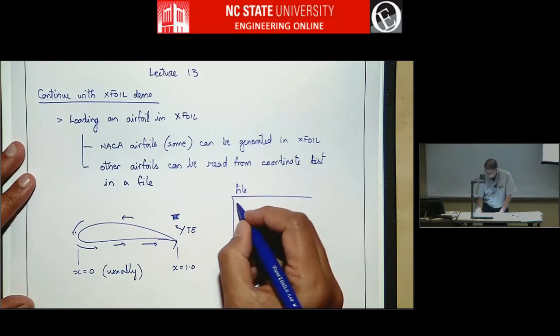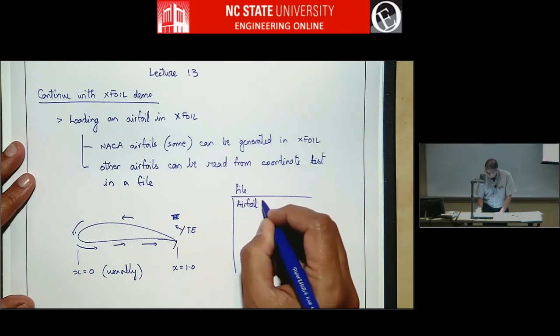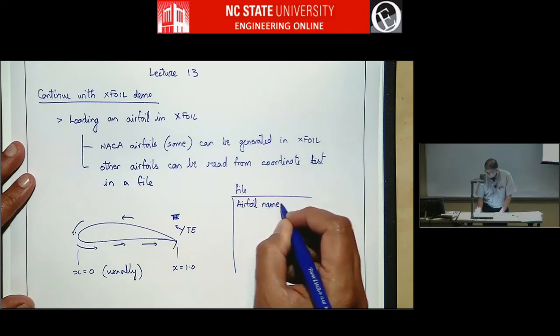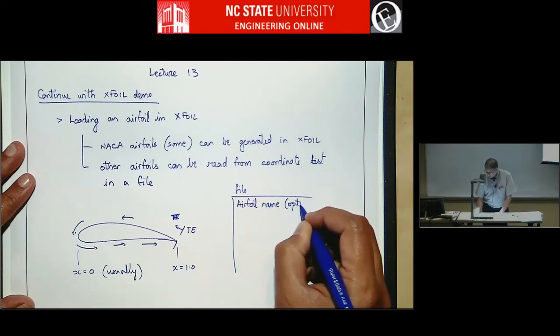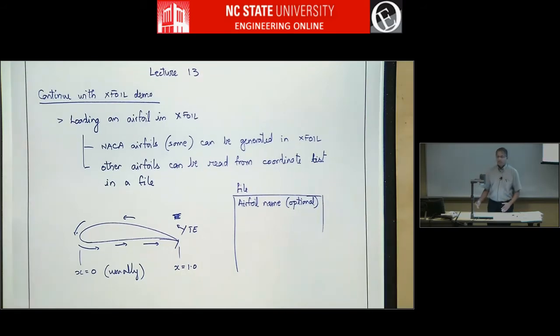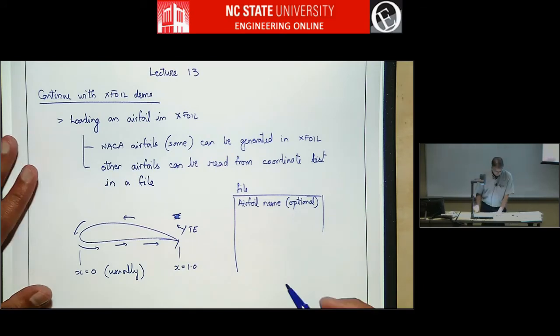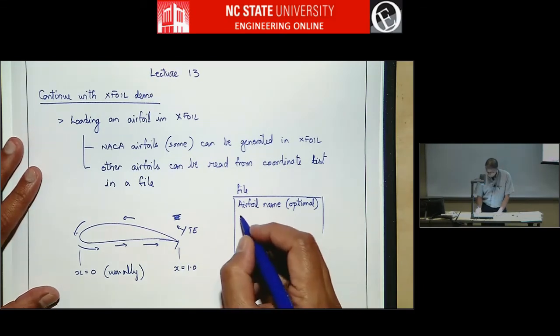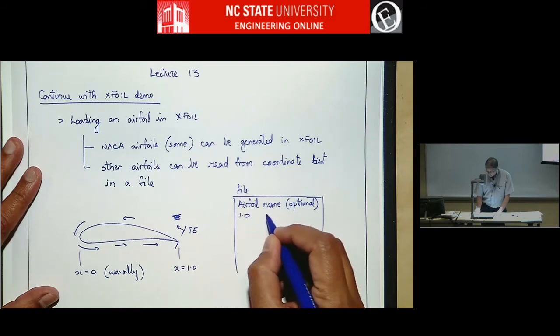The first line can be an airfoil name, and this line is optional. So if your first line is not an airfoil name, that's okay. And then you have coordinates like this.